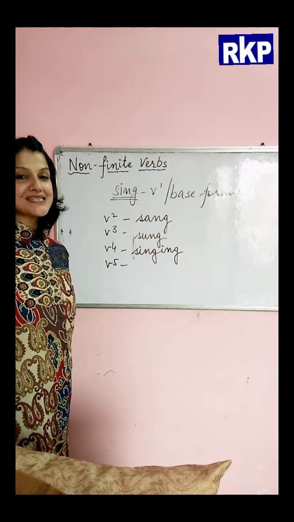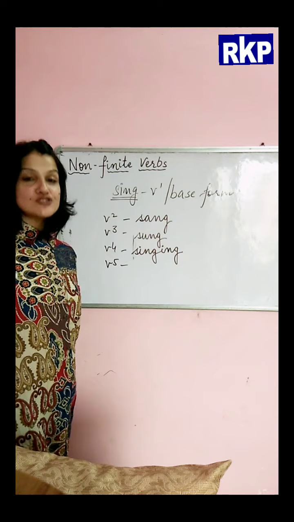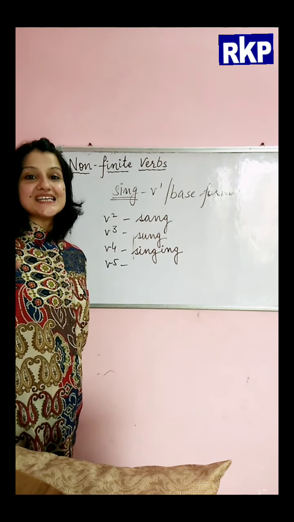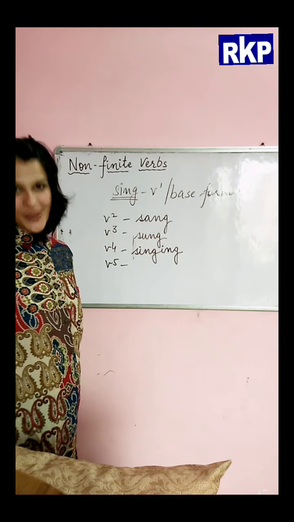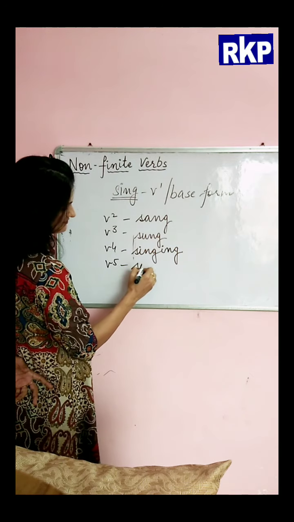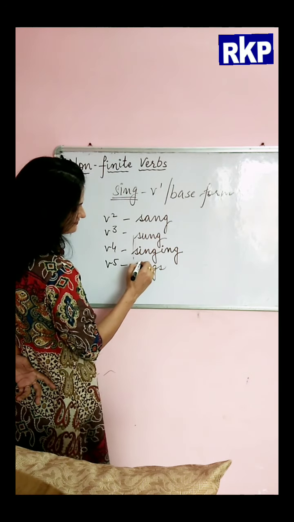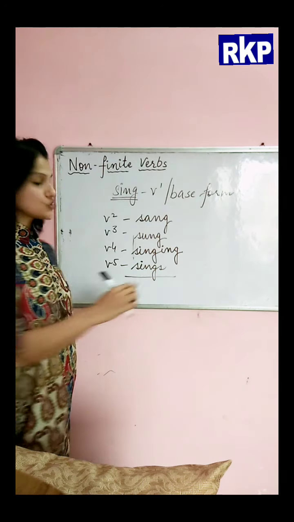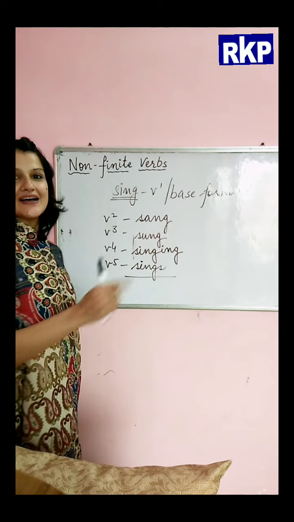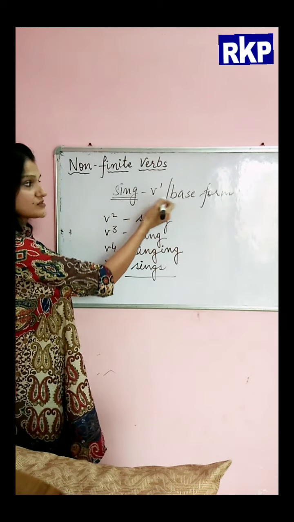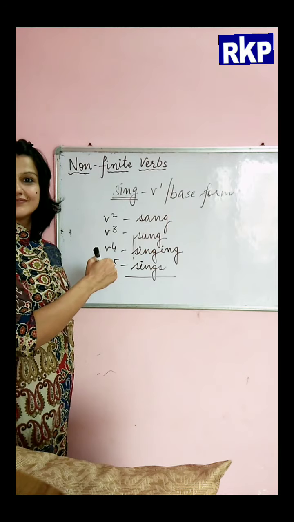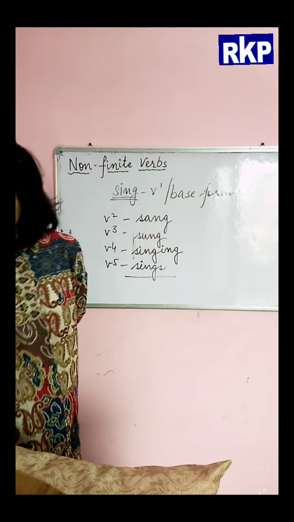Okay, so that means whenever it takes S or ES, and sometimes it is without S or ES as well. Okay, so it is sings. I hope this is clear that what is V1, V2, V3, V4. Is that clear? Very good.